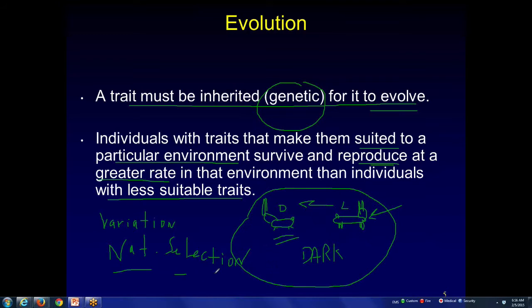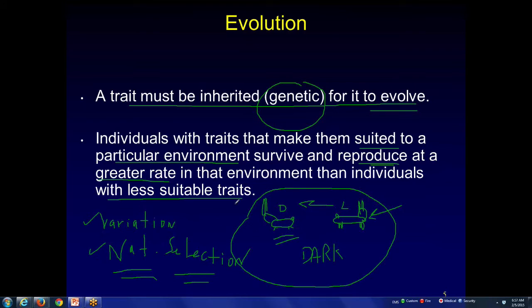You have to have natural selection choosing one over the other, either dark or light, not both equally. If they were being, again, chosen both equally and both were equally as likely to survive, then there would be no evolution. You have to have variation in the population and natural selection.